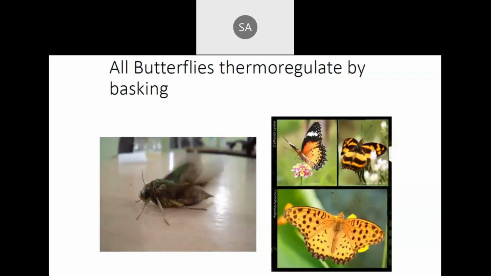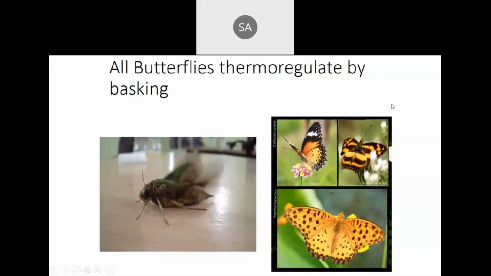Before they can fly, their body needs to reach some temperature. So what do the butterflies do? Butterflies do basking, or they go to the sun and spread their wings to get the optimum temperature. Because of this, butterflies fly only in daylight, which is like sunbathing.